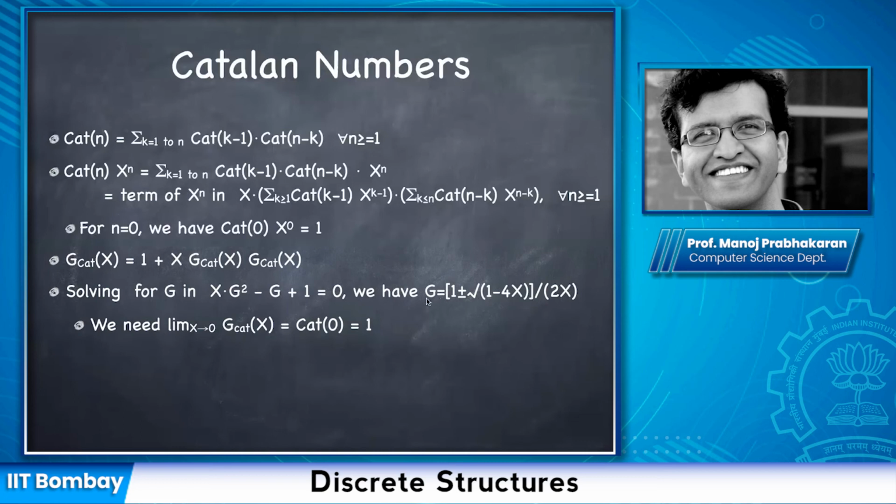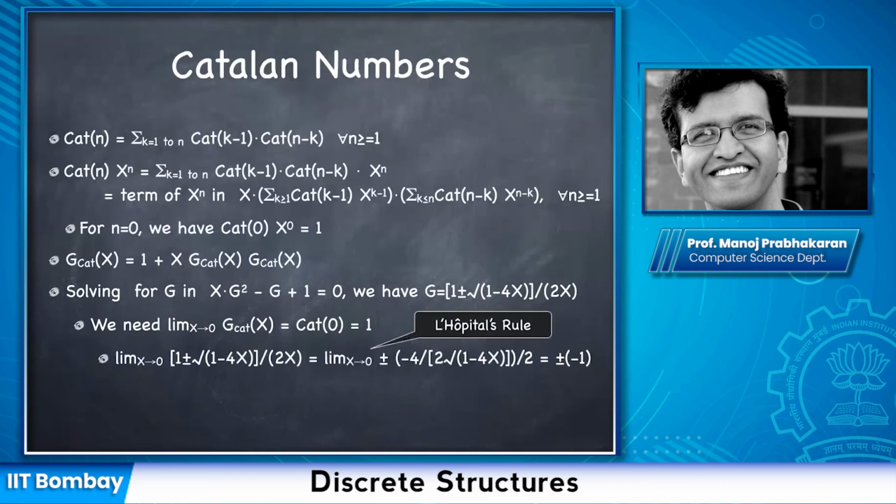We know what G_Cat(x) should go to when x goes to 0. It goes to Cat 0. All the other infinitely many terms go to 0, assuming that they converge, and you're left with Catalan 0, which is 1.